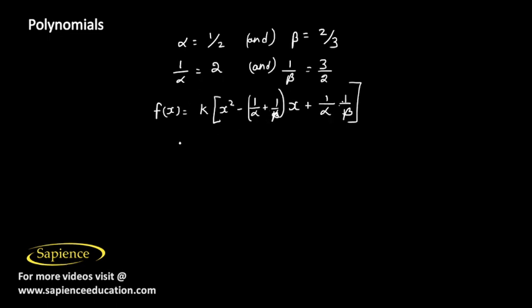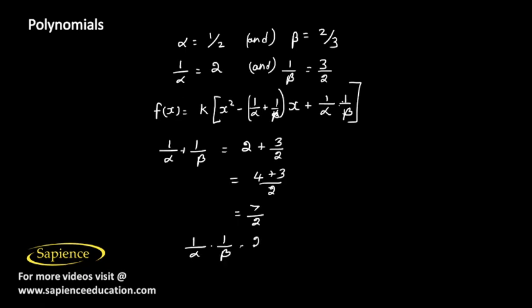For that we need 1 by alpha plus 1 by beta. 1 by alpha plus 1 by beta is equal to 2 plus 3 by 2, which is cross multiplication. We will get 4 plus 3 by 2, 7 by 2. And the product of the zeros, 1 by alpha into 1 by beta, will be 2 into 3 by 2, which is 3. So now we can build the polynomial.